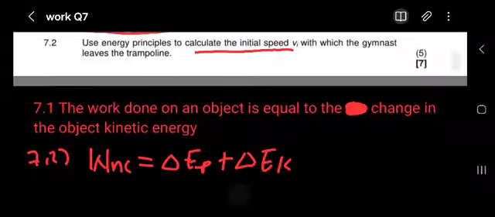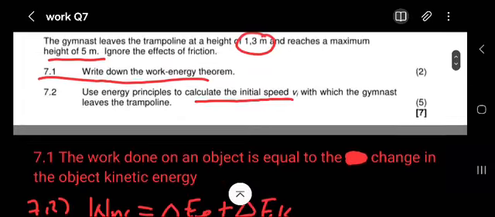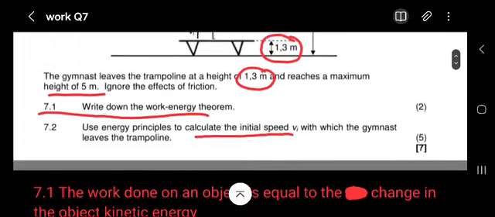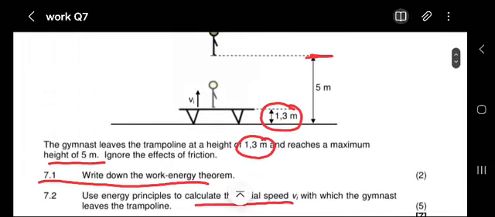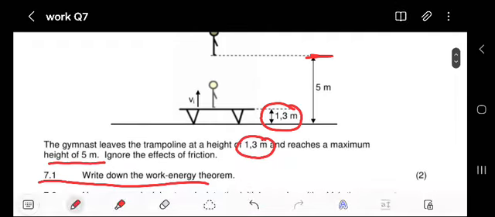This is the Wnc, so that formula falls under the work energy principle. We know our initial height and final height.